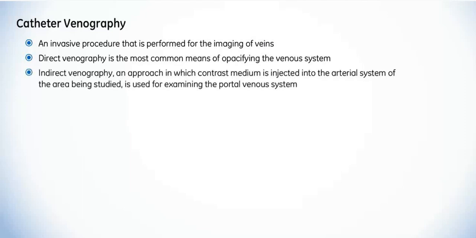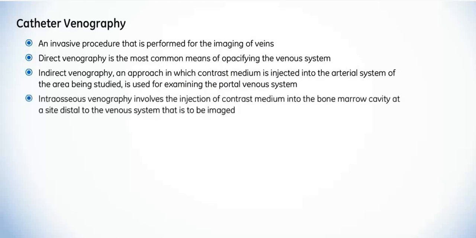Indirect venography, an approach in which contrast medium is injected into the arterial system of the area being studied, is used for examining portal venous system. Intraosseous venography involves the injection of contrast medium into the bone marrow cavity at a site distal to the venous system that is to be imaged.